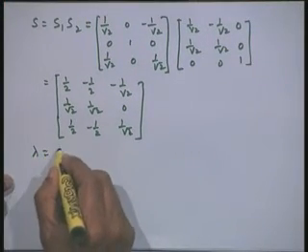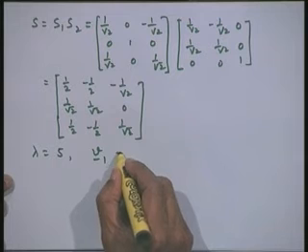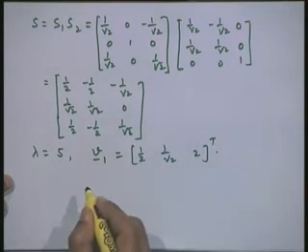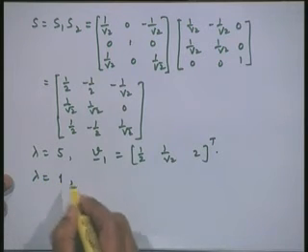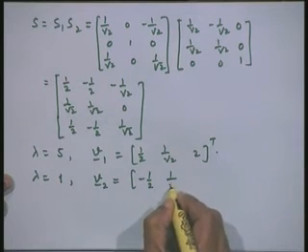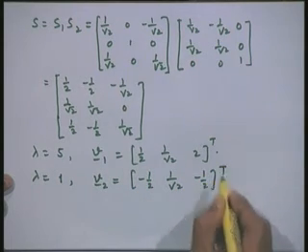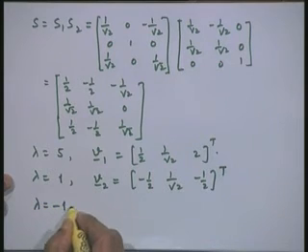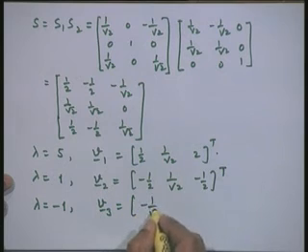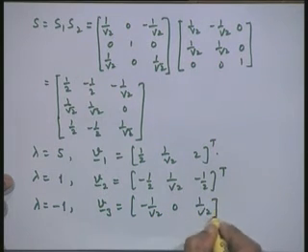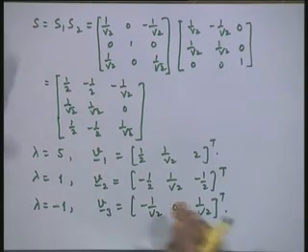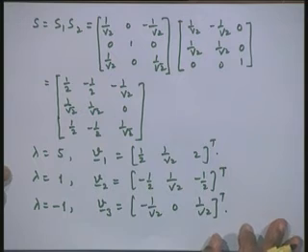Therefore, lambda is equal to 5 and let us call V1 as our eigenvector, that is half, 1 upon root 2, half. The second eigenvalue was 1, therefore the second column V2 is minus 1 upon 2, 1 upon root 2, minus 1 upon root 2 as the eigenvector, and for the third eigenvalue minus 1, the third column V3 is minus 1 upon root 2, 0, 1 upon root 2. Therefore, these are the corresponding eigenvectors and the eigenvalues are located on the diagonal.